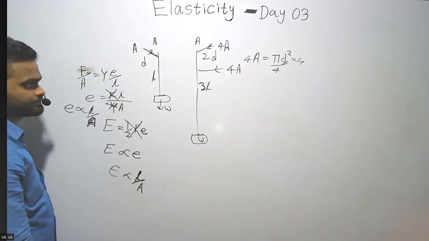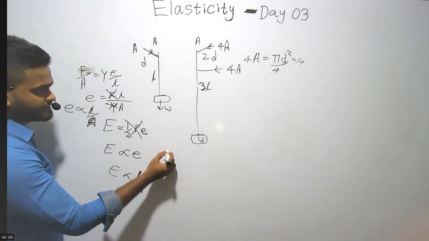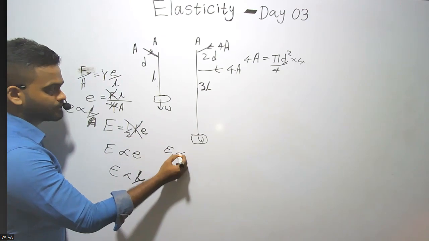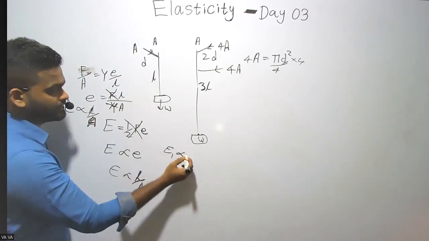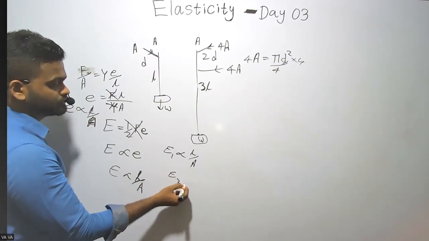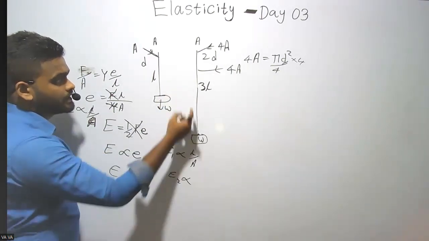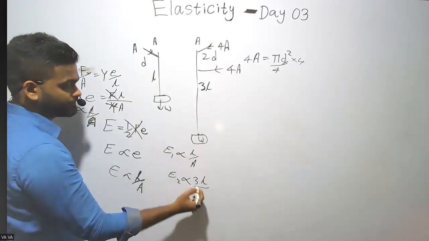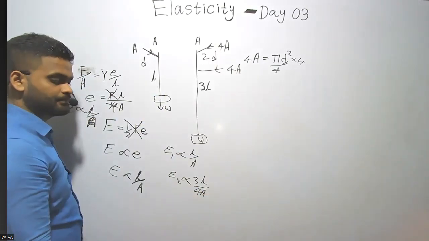Let's say E1 is for the first wire, proportional to length L and cross section A. Then E2, for the second wire, has length 3L and cross section 4A.